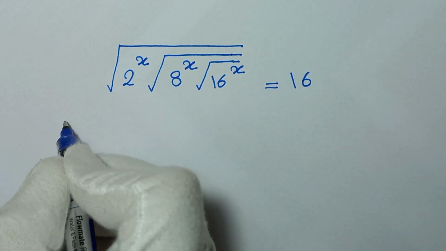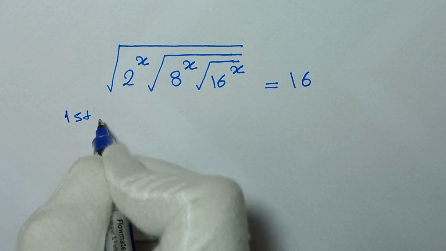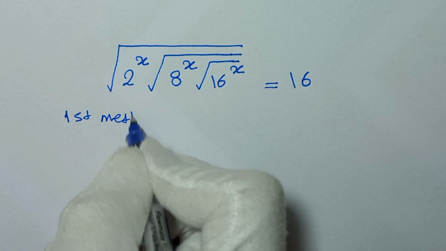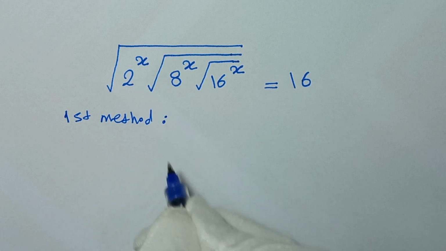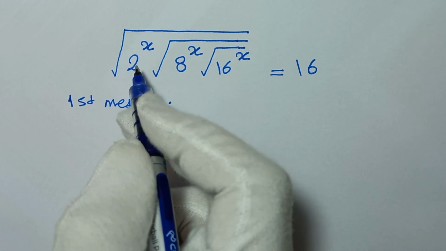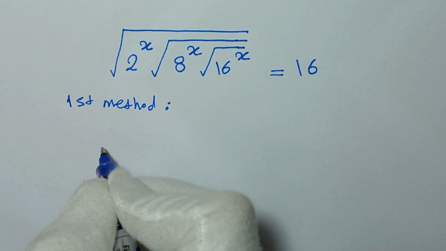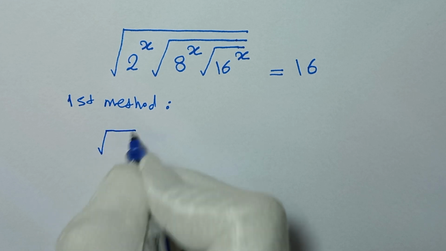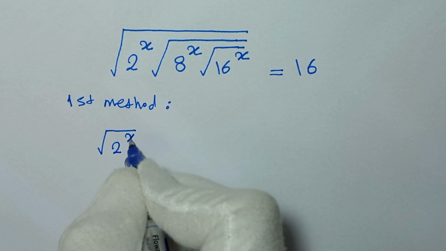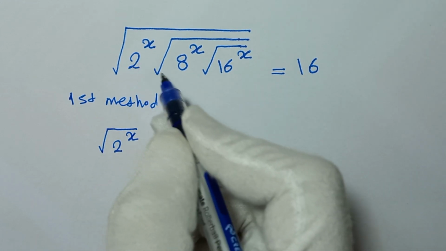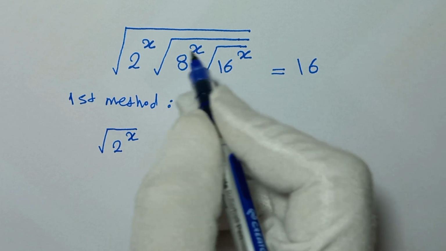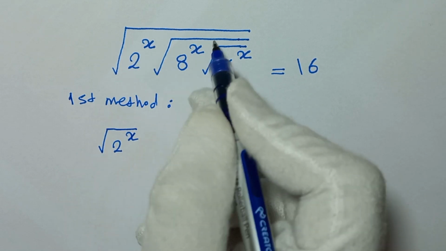So for the first method, we can write this as square root of 2 to the power of x, times the square root of 8 to the power of x, right?